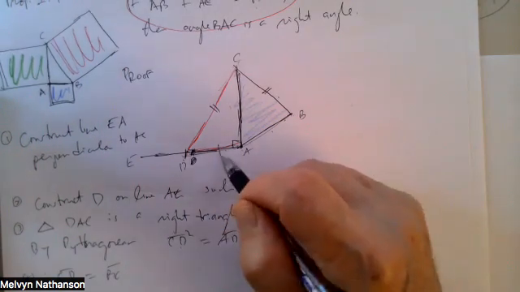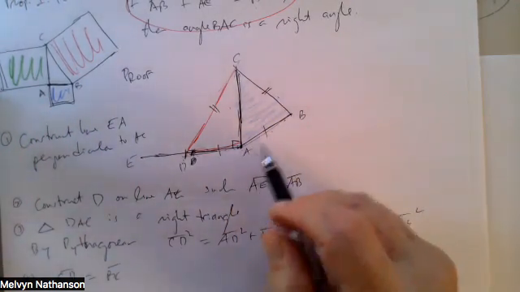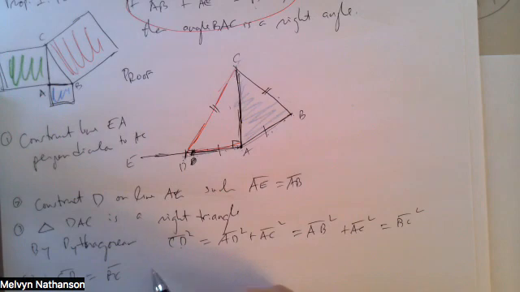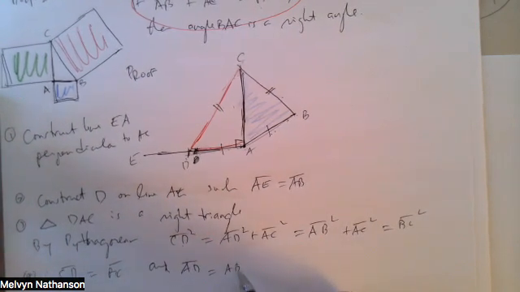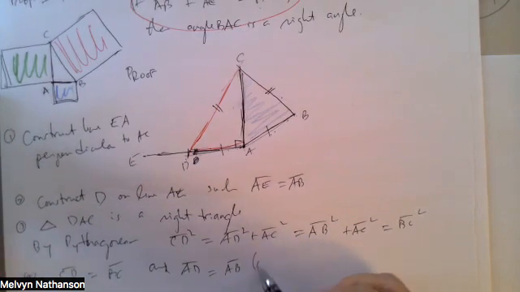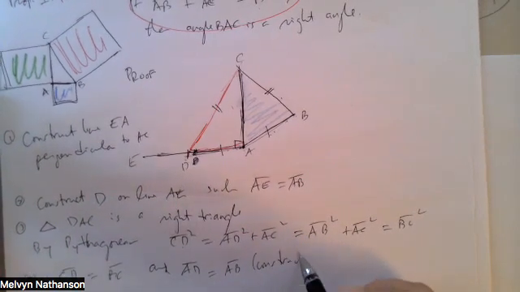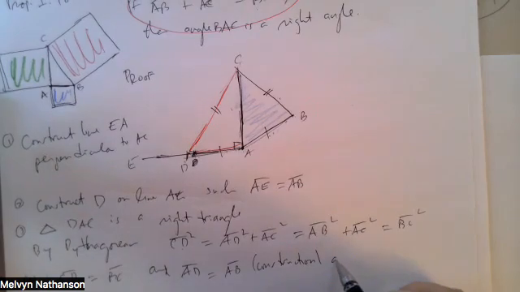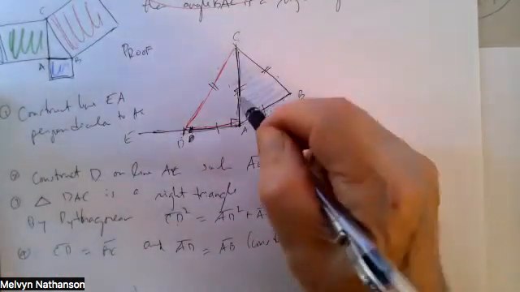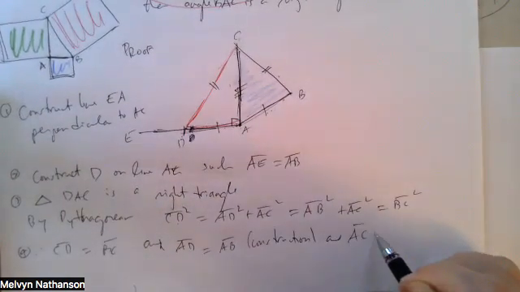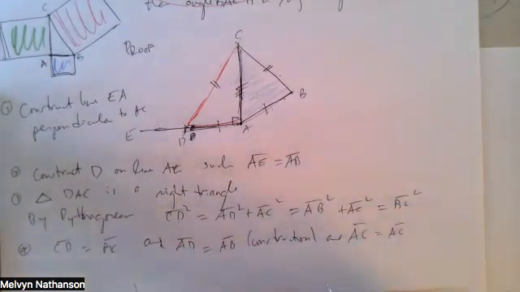We constructed AD to have the same length as AB. By construction. And finally, everything is equal to itself. The length of AC equals the length of AC.